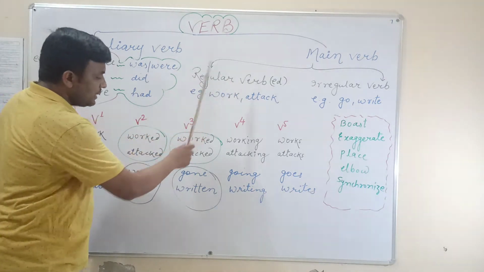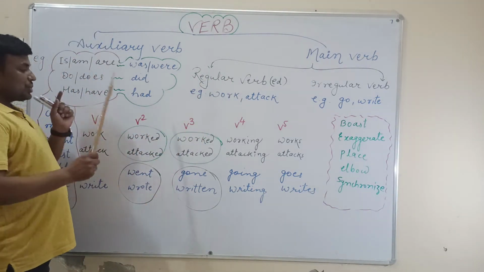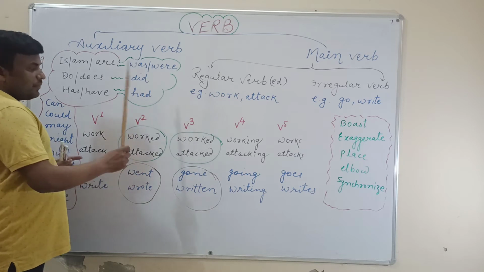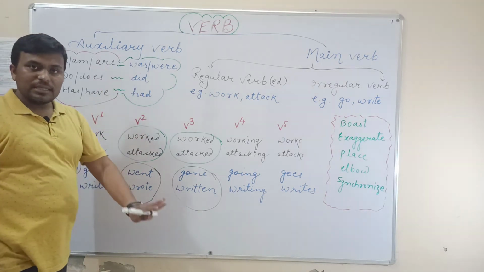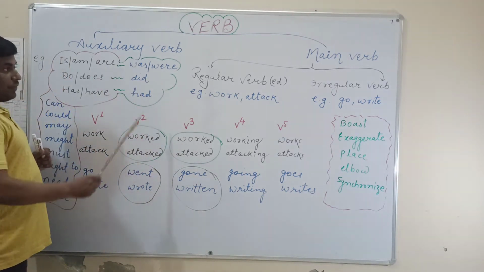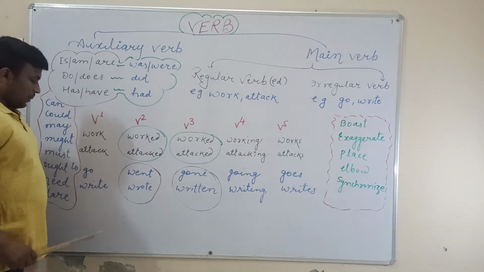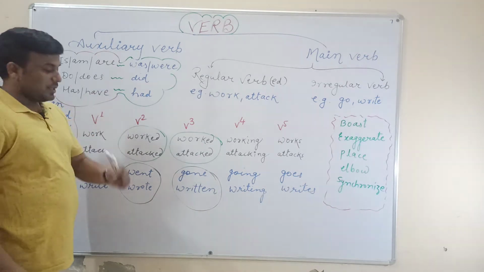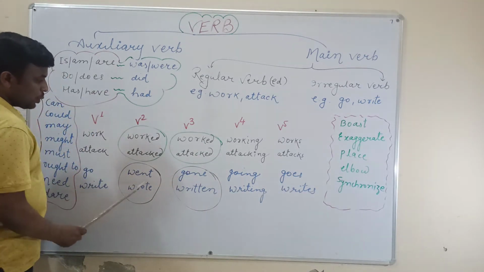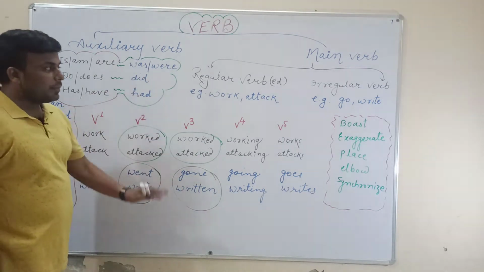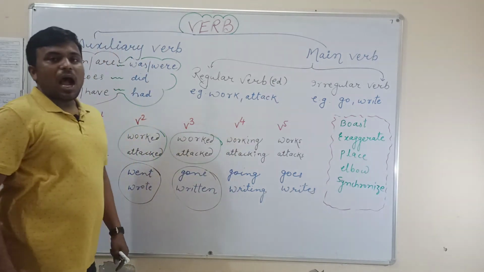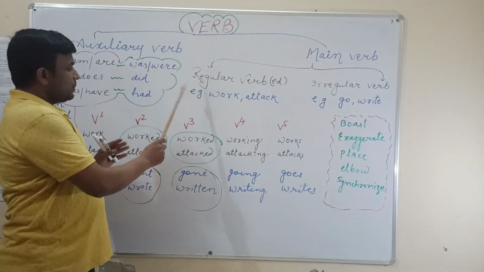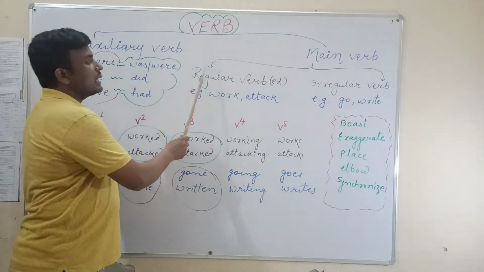Regular verbs means the verbs whose second form and third form will remain the same. And when we talk of irregular verb, that is a strong form, strong verb, here second and third form will be different: went, gone, wrote, written. So you need to remember irregular verbs, and you don't need to remember second, third form of regular verbs.